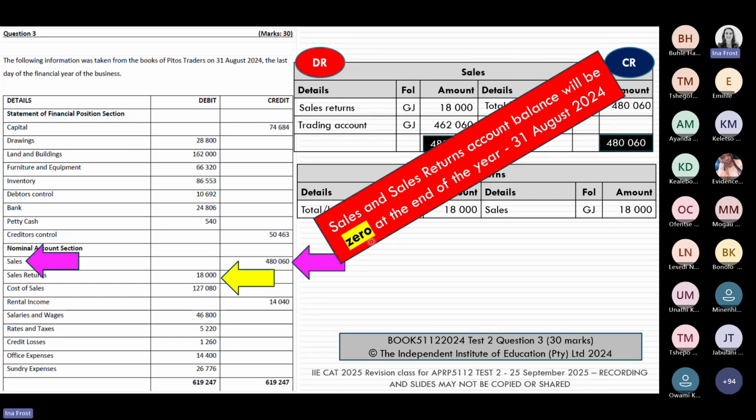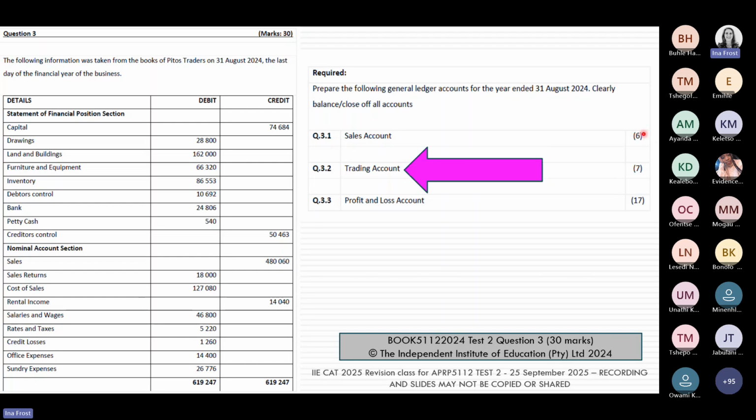Because remember, with our year-end procedures, our whole aim is to get all your nominal accounts, so all your income and expense accounts, to have a zero balance. That is why we close off each of our income and expense accounts to either the trading account or the profit and loss account. So that was question number 1 for 6 marks, prepare a sales account.